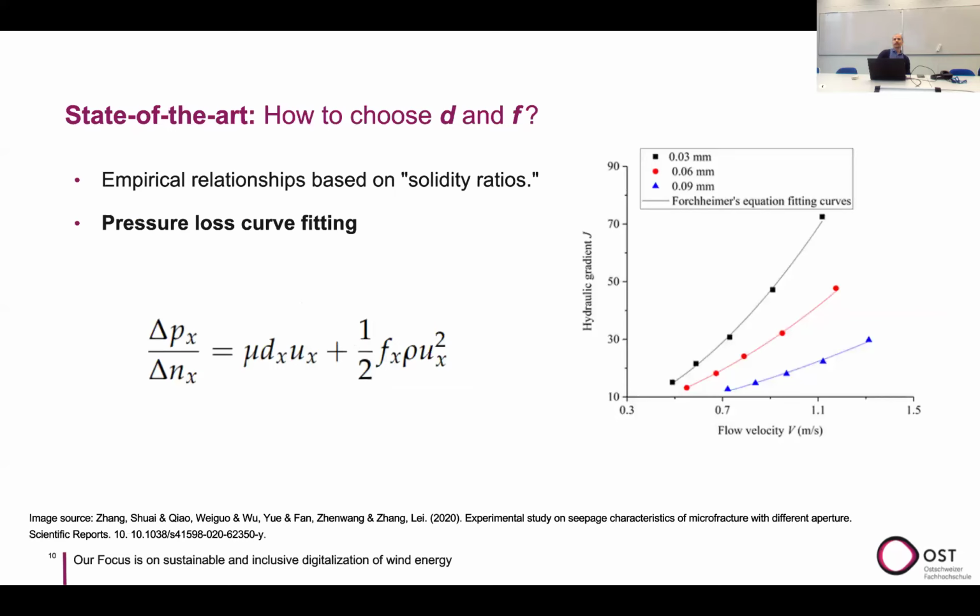Another way is to do a lot of experiments and do pressure curve fitting. So you measure your loss of pressure before and after the perforated screen, and there is a permeability law. We measure a couple of points, and then we fit to this law, and so we get D and F from fitting.